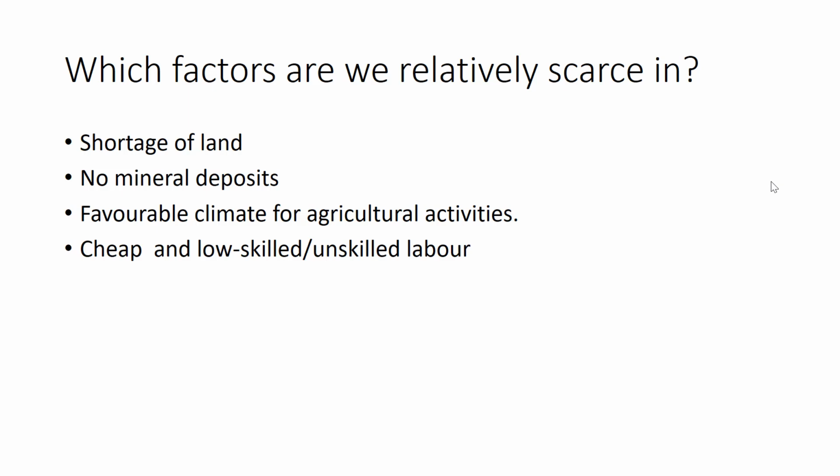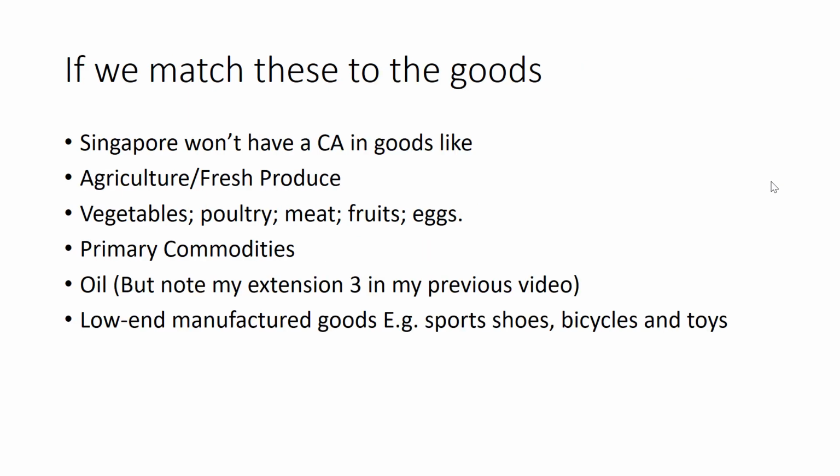We are also scarce in unskilled workers due to our small population size. So if you match these factors, goods that are relatively land intensive, goods that are relatively unskilled labor intensive, these goods will be agriculture, vegetables, meat, fruit, eggs, primary commodities, coal, oil.